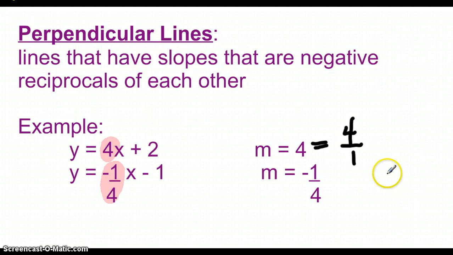Reciprocal is a fancy term for flipping the fraction. So if this is 4/1, I have to flip it so it's 1/4. But when it says negative reciprocals, that means they have to be opposite signs. So if this one is positive, then this one has to be negative. Being able to identify that is just another piece to the perpendicular lines.